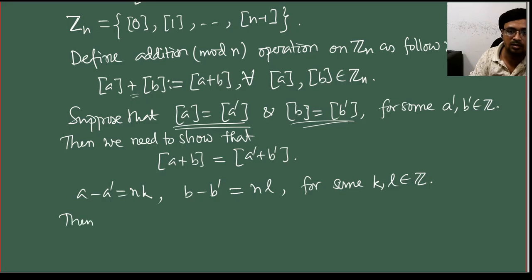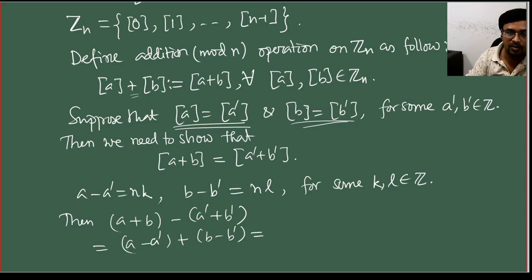Then a plus b minus a prime plus b prime, which is a minus a prime plus b minus b prime, is equal to n times k plus l.